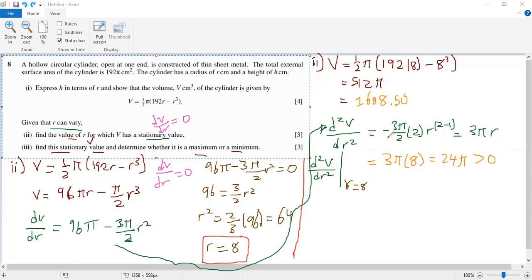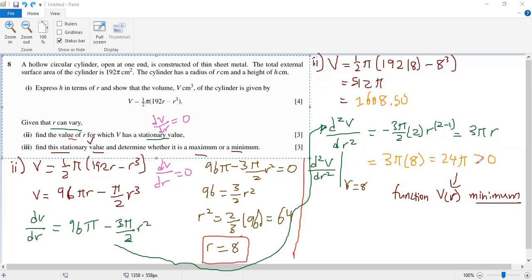If the second differential is positive, it means the original function, the function in V with respect to r, is having a minimum value. It's always the opposite; positive gives minimum, negative here means maximum. That's just a shortcut people use. There's no real maths meaning to that phrase, because it must be proven rigorously.